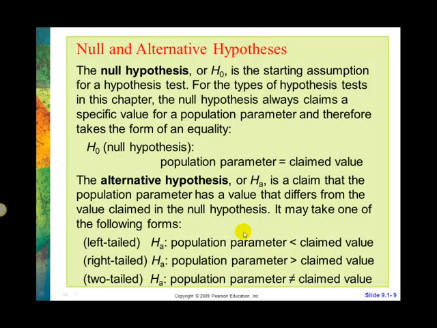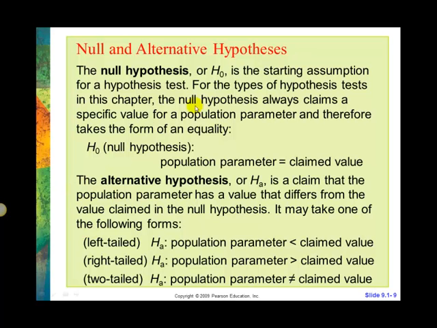A less than test we call left-tailed, because we're interested in the values being smaller, on the left-hand side of the normal curve. The greater than test is right-tailed, on the right-hand side of the normal curve. And not equal is two-tailed, because it can be on either the left or the right-hand side of the normal curve, in those extreme areas.